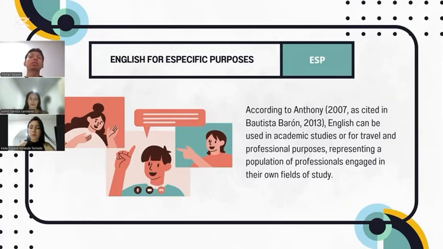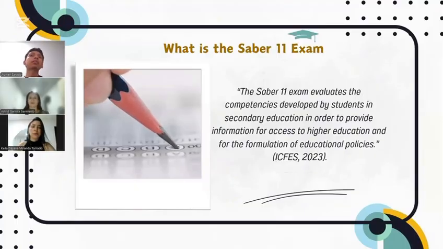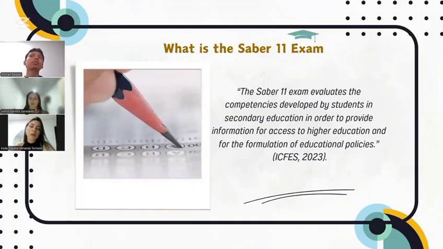One example of English for specific purposes is those people who work in a call center or people who need to learn English for working abroad, or in this case, students that need to have a good score in their exams, their Icfes exam.